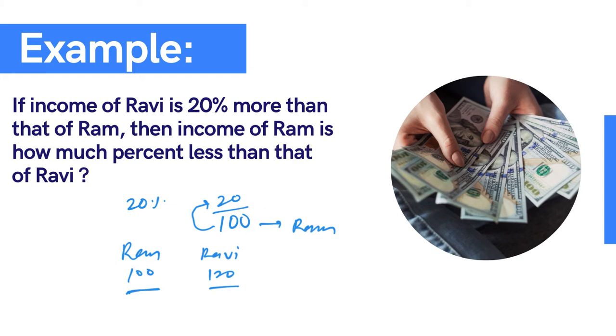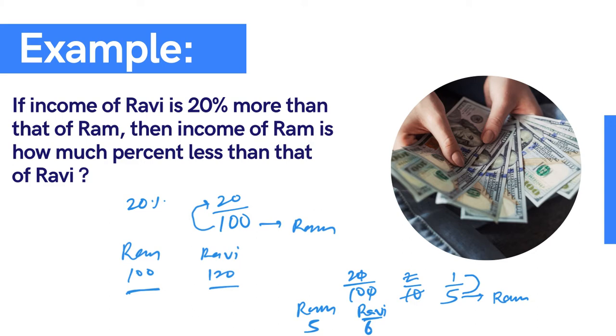Cut 0 with 0, then this is 2 by 10, cut again by 2, so I get 1 by 5. So if Ram's income is 5, then what will be the income of Ravi? 5 plus 1, this is 6. So I get 5 and 6.